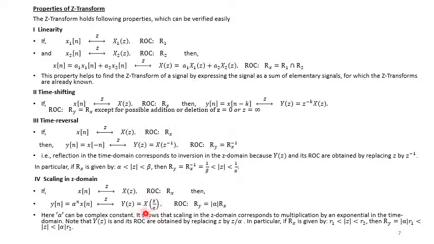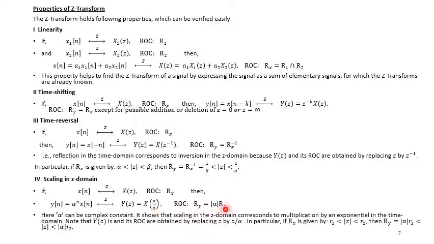So that's basically scaling in z domain, right? So in z domain, if you multiply a signal by an exponential in time domain, in z domain it's equal to replacing z by z by a. That means you actually scale it in z domain.